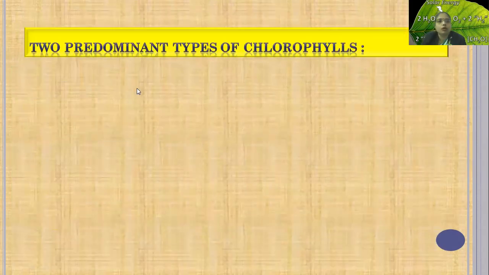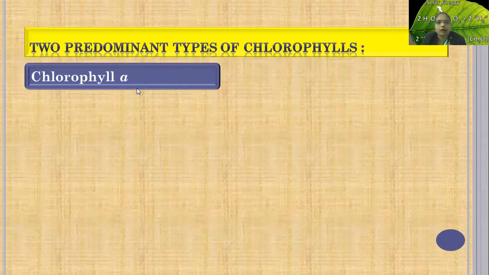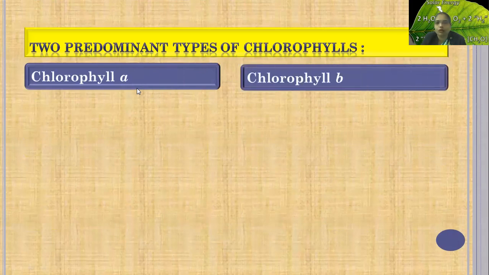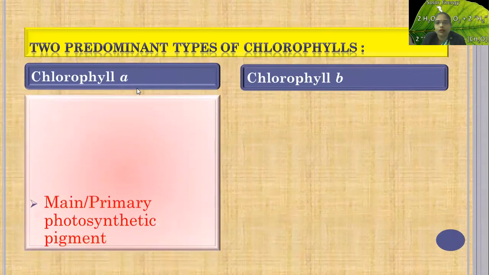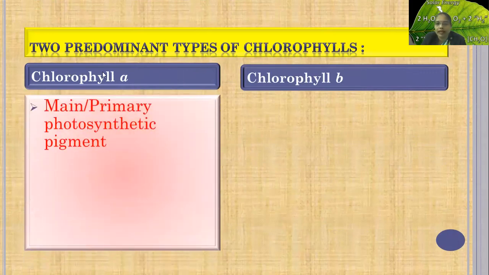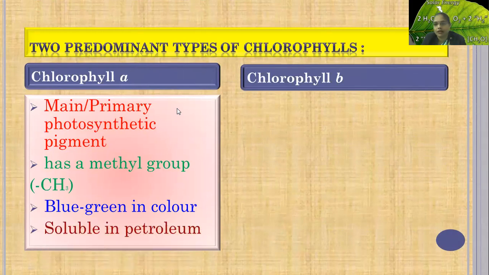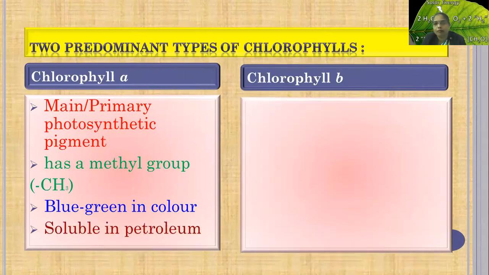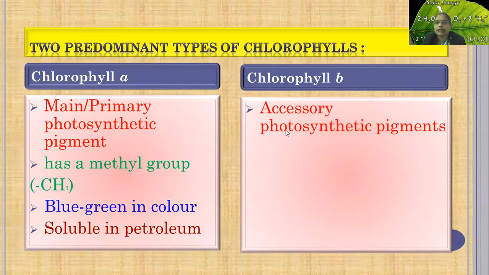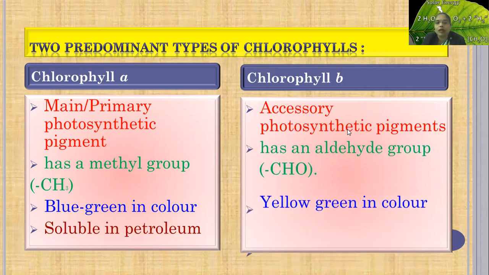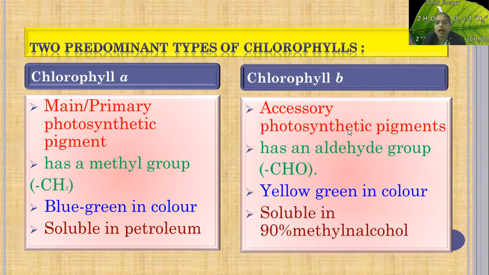Two prominent types of chlorophyll: chlorophyll A and chlorophyll B. Difference between chlorophyll A and chlorophyll B: chlorophyll A is the main primary photosynthetic pigment, has a methyl group, is bluish green in coloration, and is soluble in petroleum. But chlorophyll B is an accessory photosynthetic pigment, has an aldehyde group, is yellow green in coloration, and is soluble in 90% methyl alcohol.